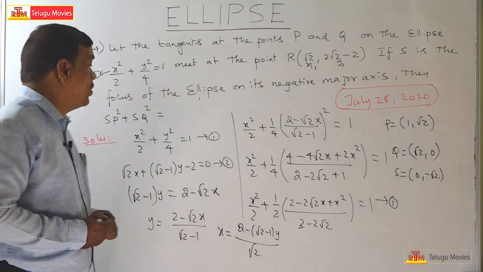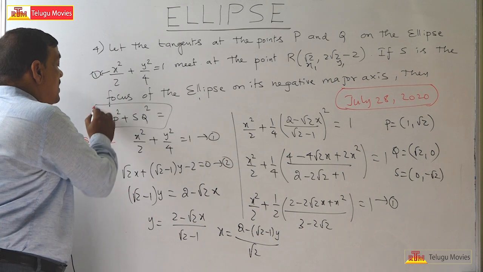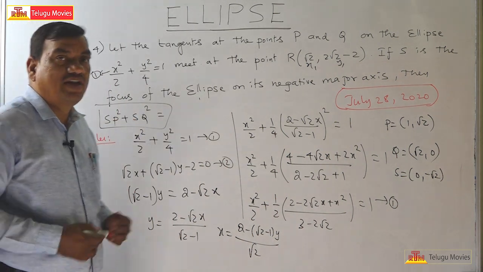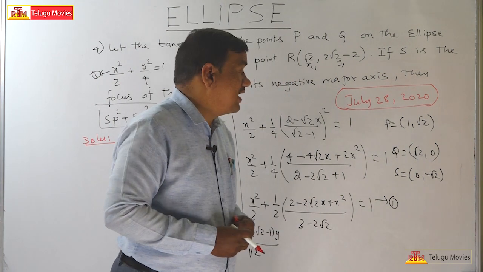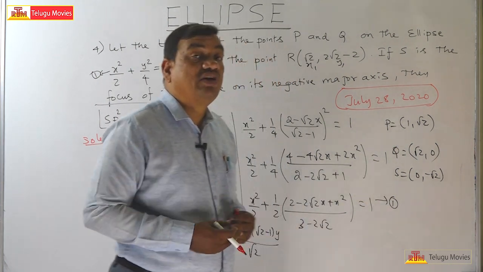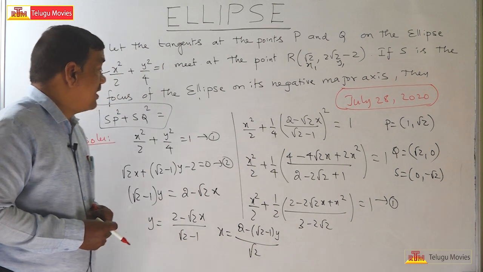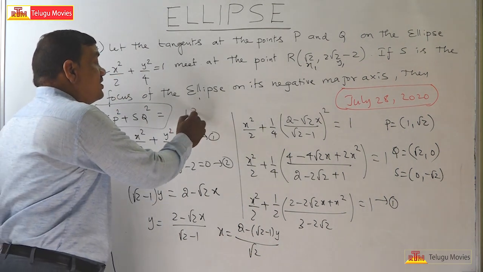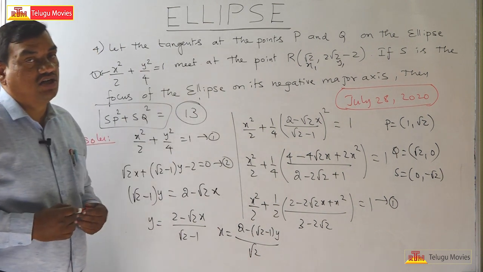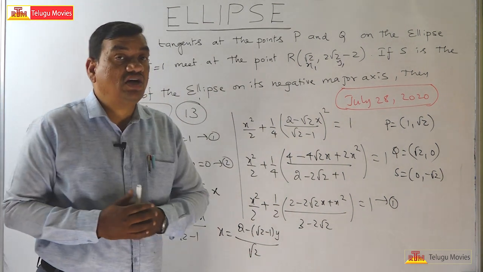So everything is known, so we can find the value of SP square plus SQ square. SP means the distance between S and P, so you can apply the distance formula. SQ means the distance between S and Q, apply that formula. Substitute and you will get the answer, 13 is your correct answer. Okay, 13 is your correct answer.